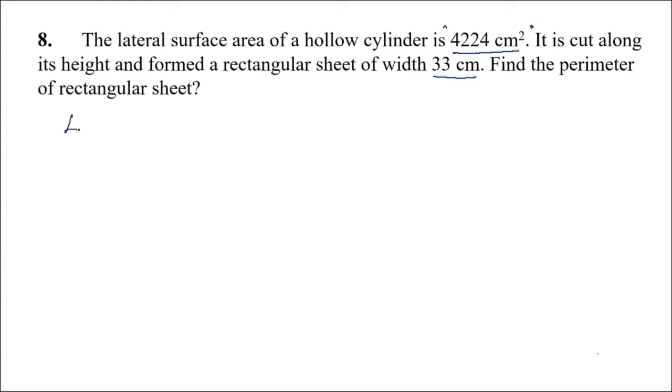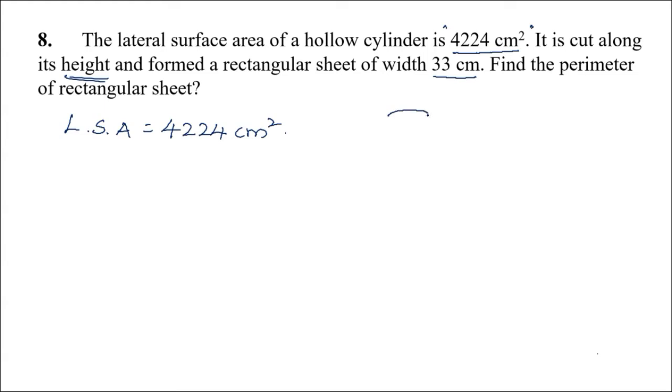So as per the given question, the lateral surface area of the hollow cylinder is 4224 centimeters square. And also they have given the width of the cylinder, which is 33 centimeters. Why should this 33 centimeter be considered as height?